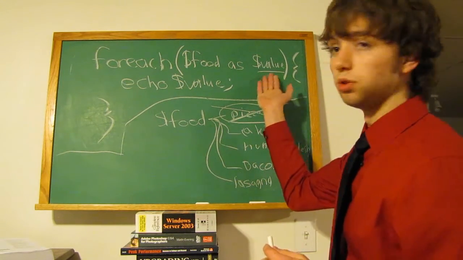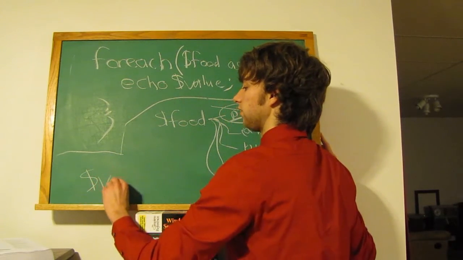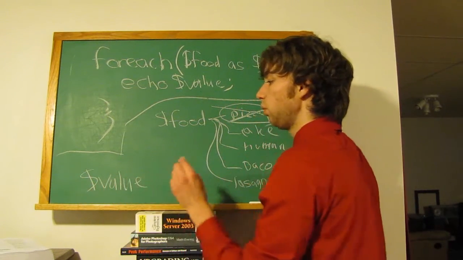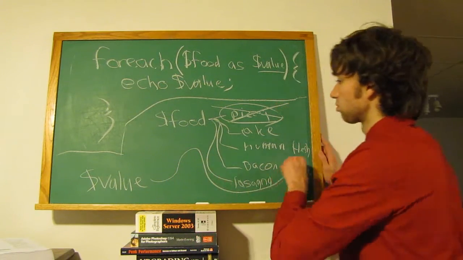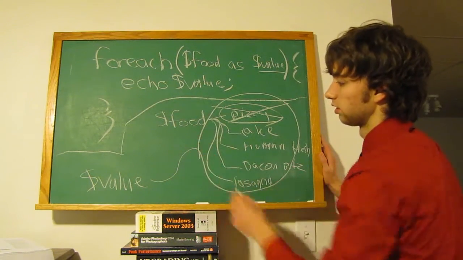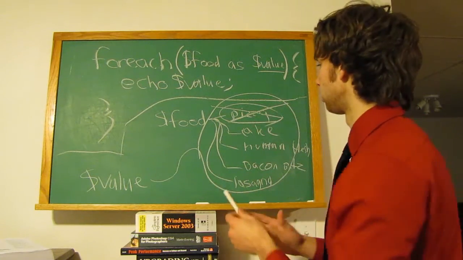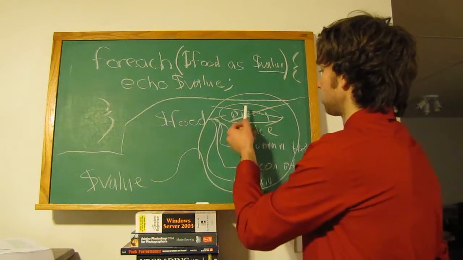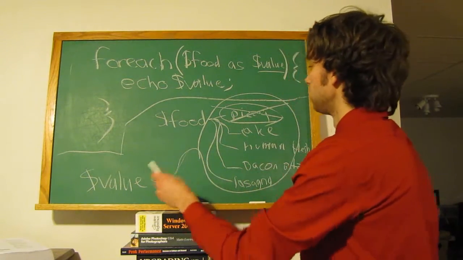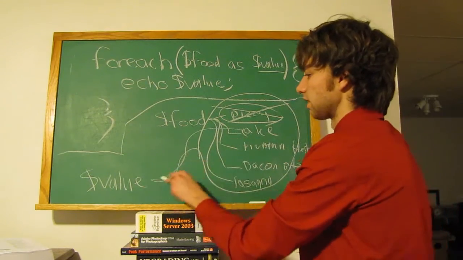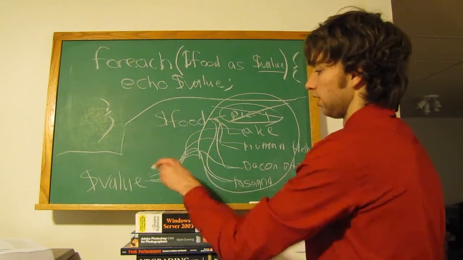So the variable value points to all of these right here. And it's going to iterate, I don't even know if that's the right word, it's going to go through each one of these and replace the previous value. So the first time it's pizza, the second time it's going to be cake, third time human flesh, then bacon, and then lasagna.